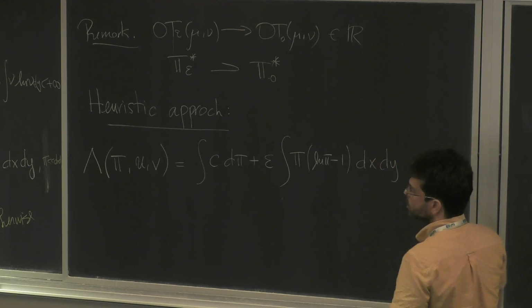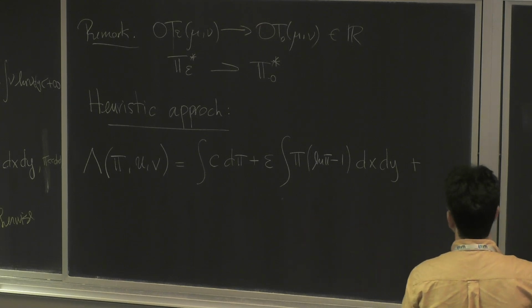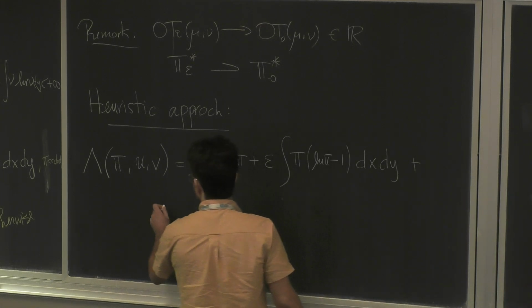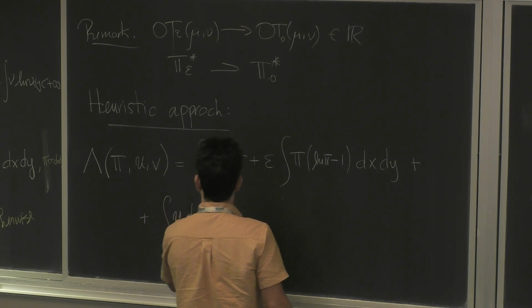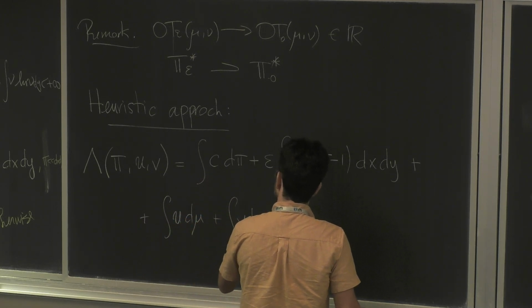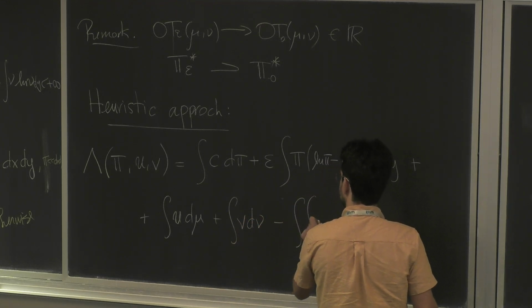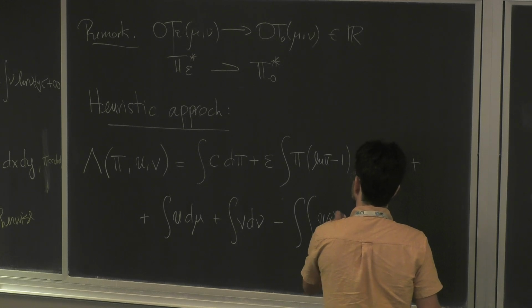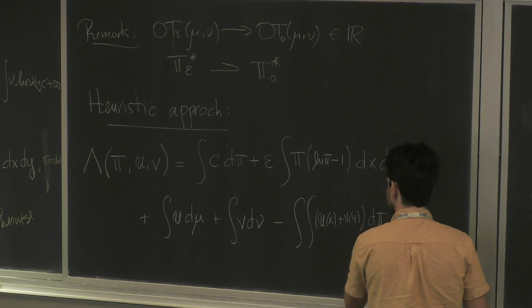And then here, I'm going to write the Lagrangian multipliers in a more general way: the integral of u d mu, plus the integral of v d nu, minus the double integral of u of x plus v of y d pi of x and y.